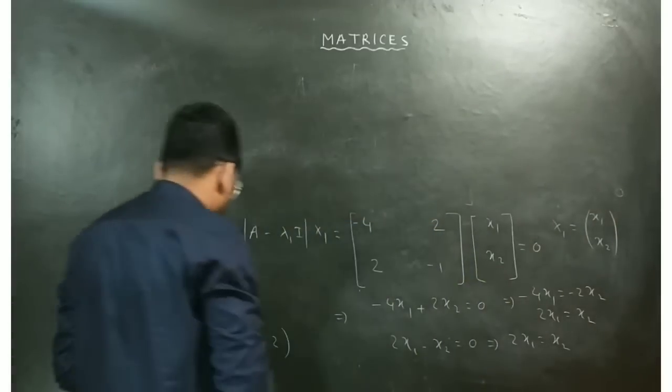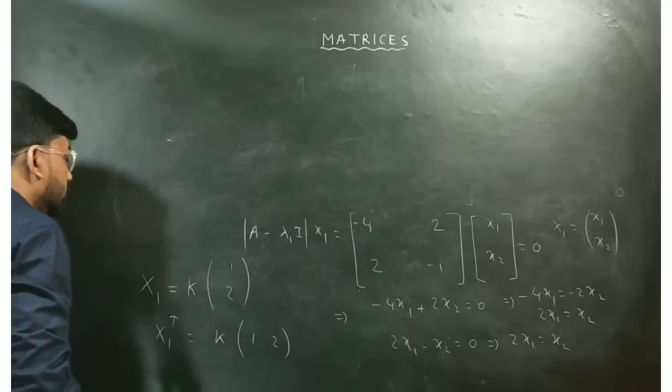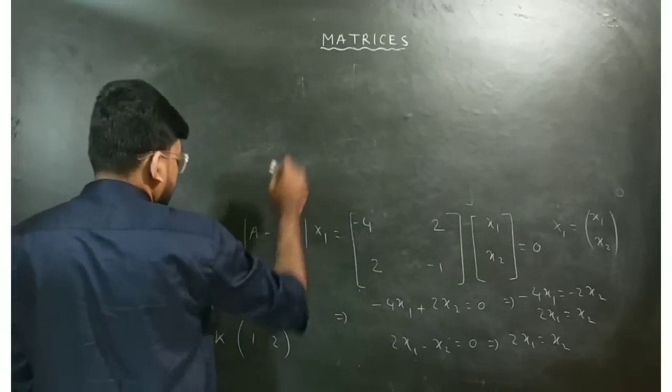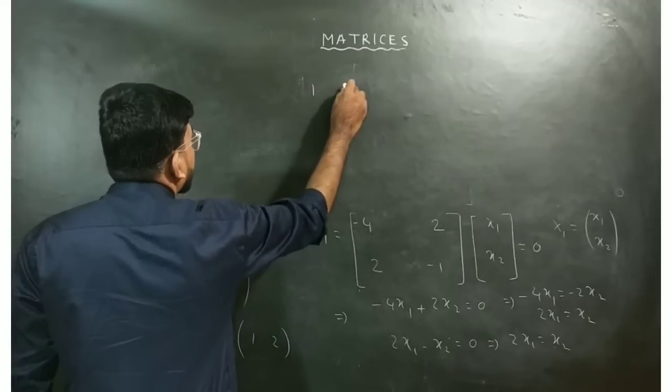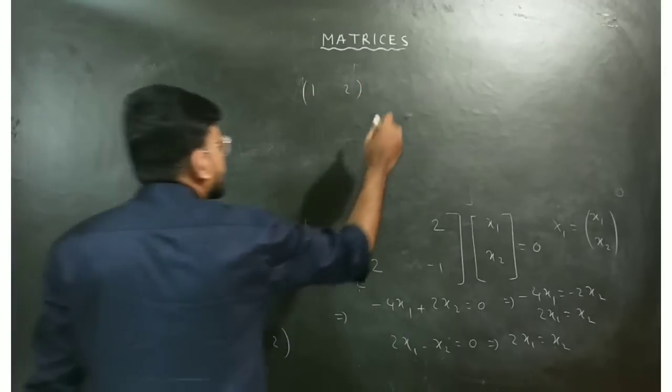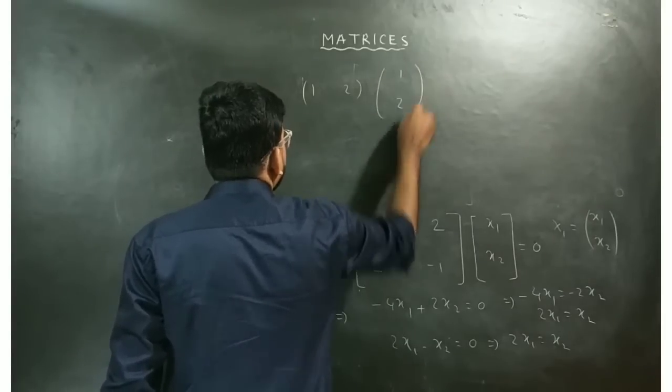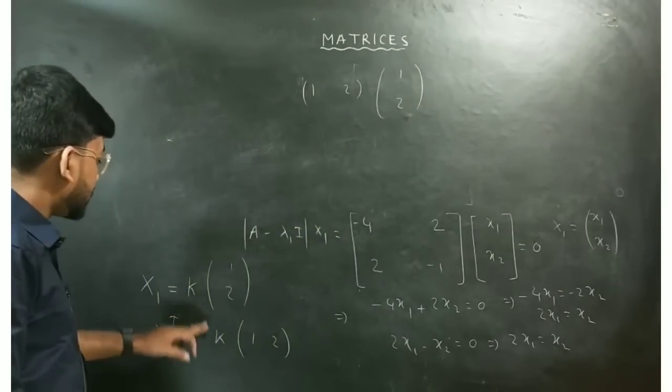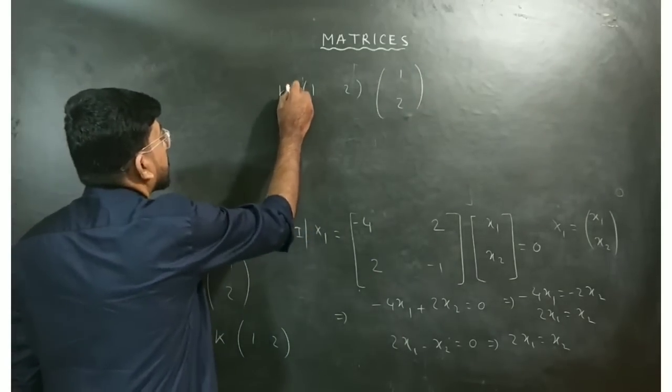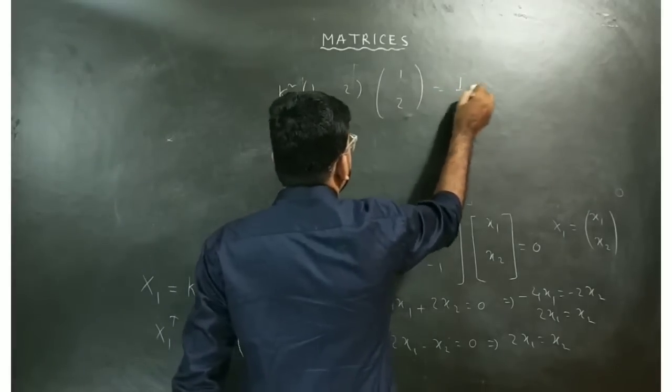Okay, so in that case what you have to use is this 1 2 and this 1 2, and this k into k will be k square, so that will be identity 1.